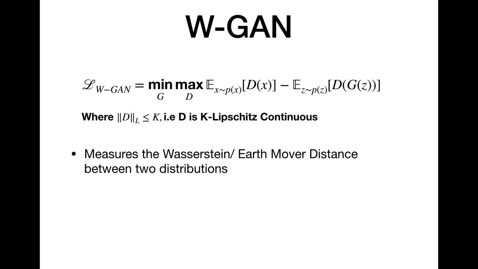The two distributions between which the generator wants to minimize the distance are simply the distribution over the real images, denoted by P of x, and the induced distribution over P of z, after it passes through the generator G.